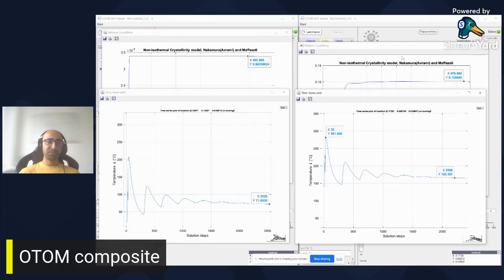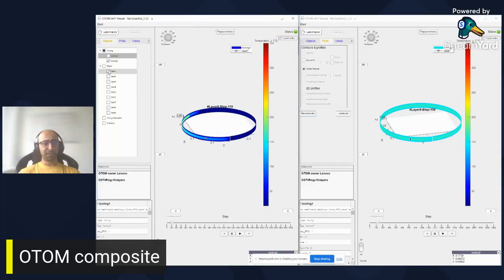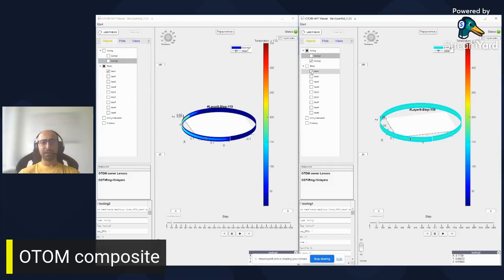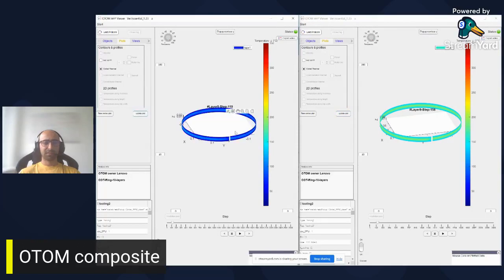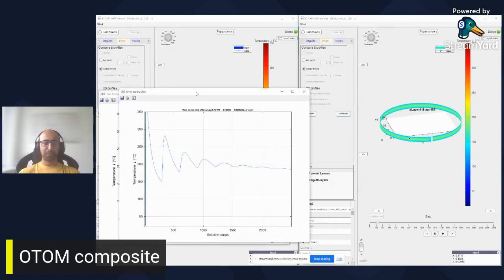And how about the other layers? If we go to other objects, I choose this one, tape 1. For the other side again, click on plot, and select one point somewhere here and click on the temperature history. And again we do it here, click some points here, click on temperature history.